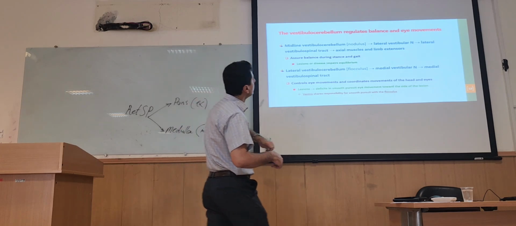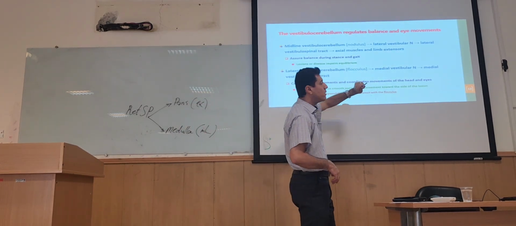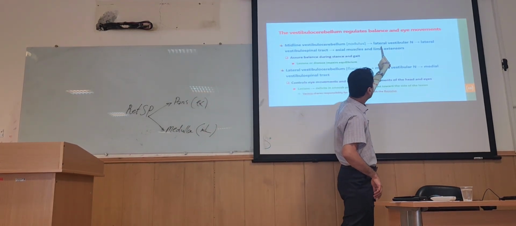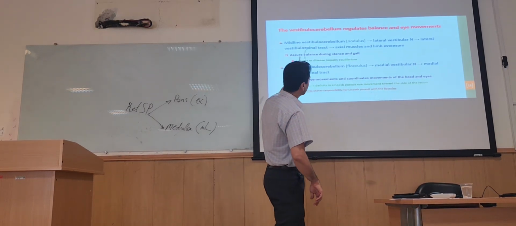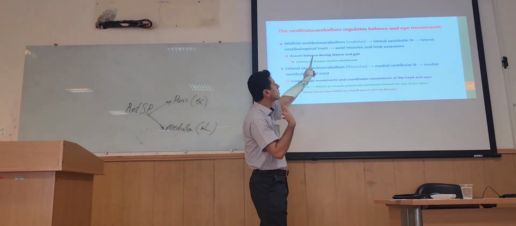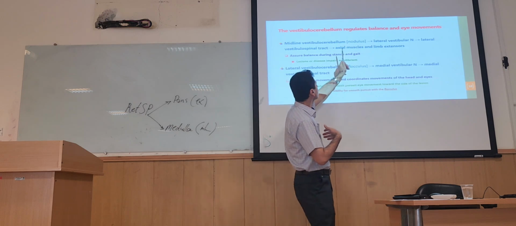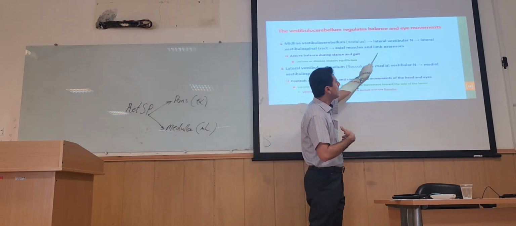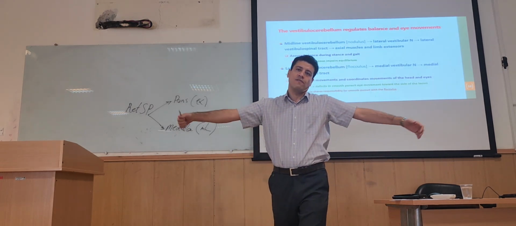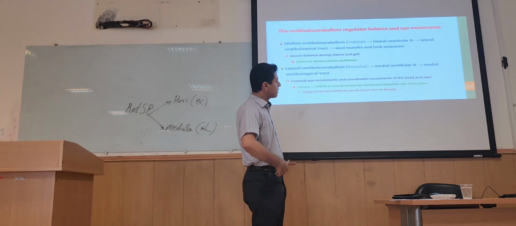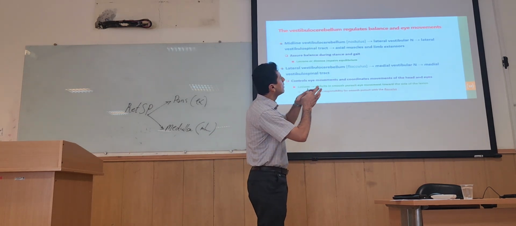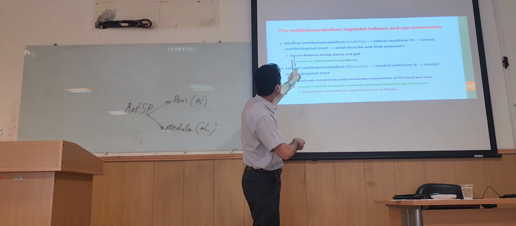So, from the nodulus, fibers go to lateral vestibular nucleus, which is the origin of lateral vestibulospinal tract. It excites axial muscles and limb extensors. So extensors of limbs, right? And axial muscles. So they are activated by this pathway.